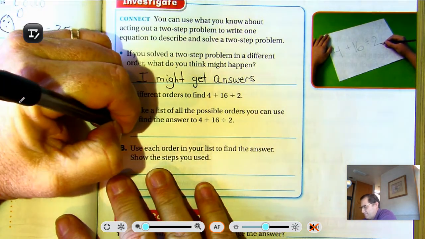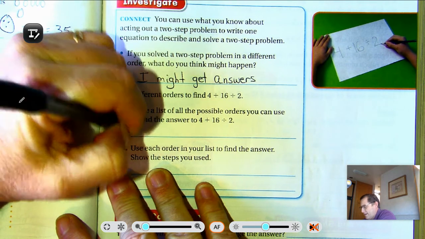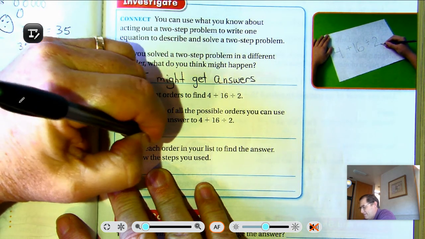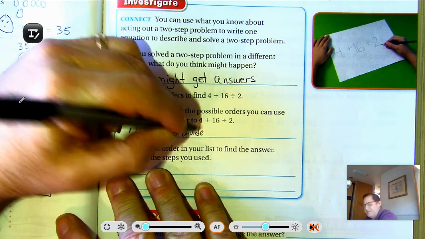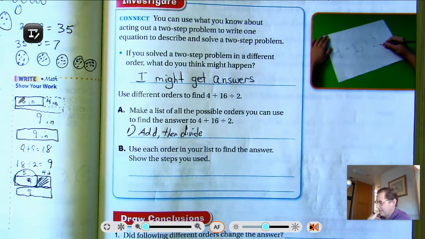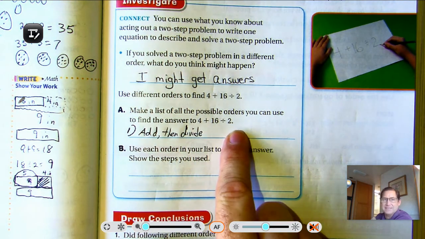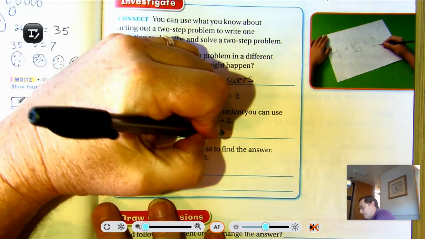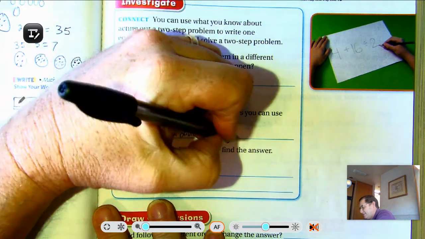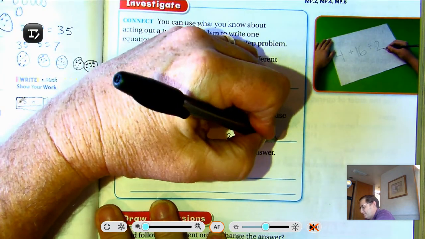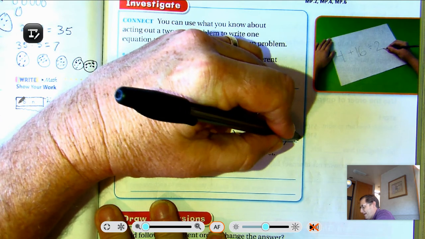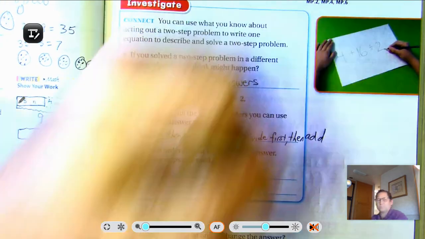One way I could add, then divide, right? I would be just going left to right, add, and then divide. Another option could be, how about if I divide first, then add? Okay.